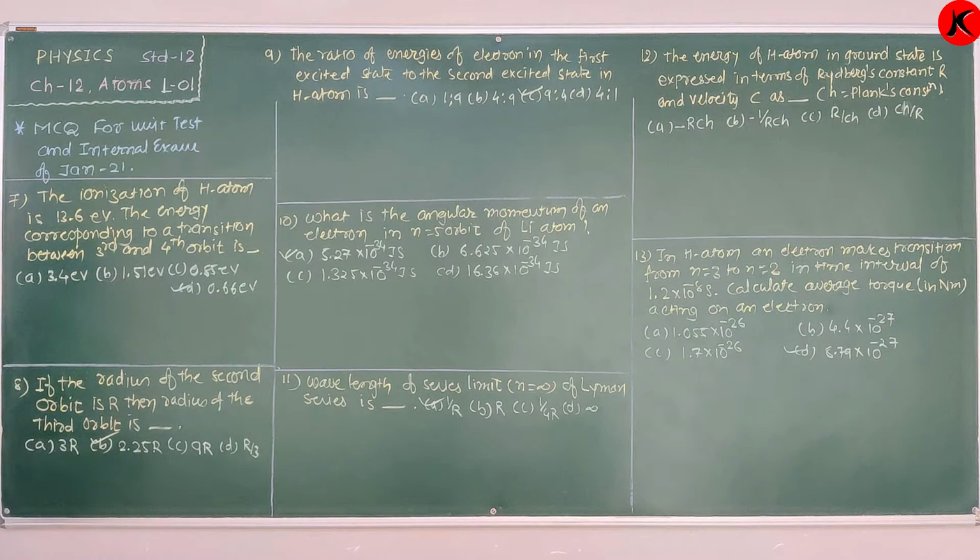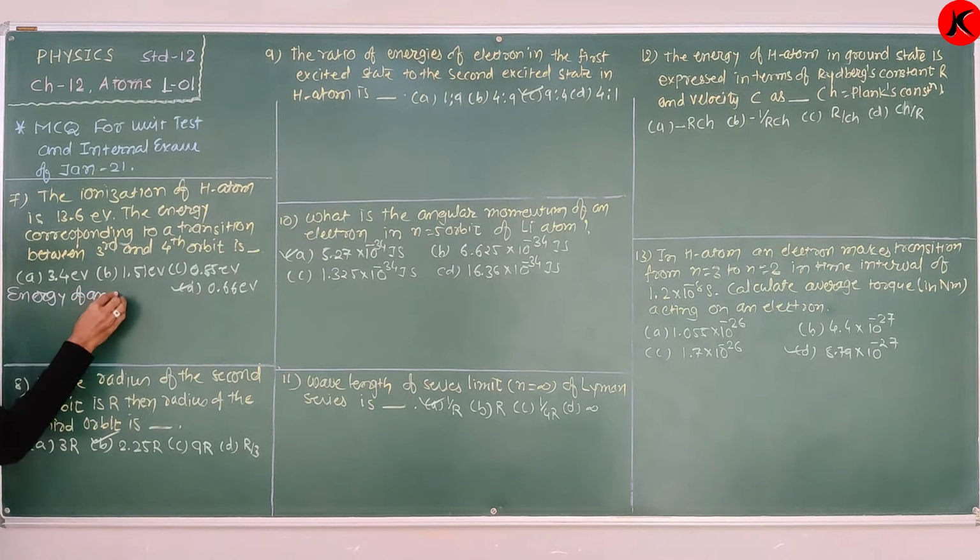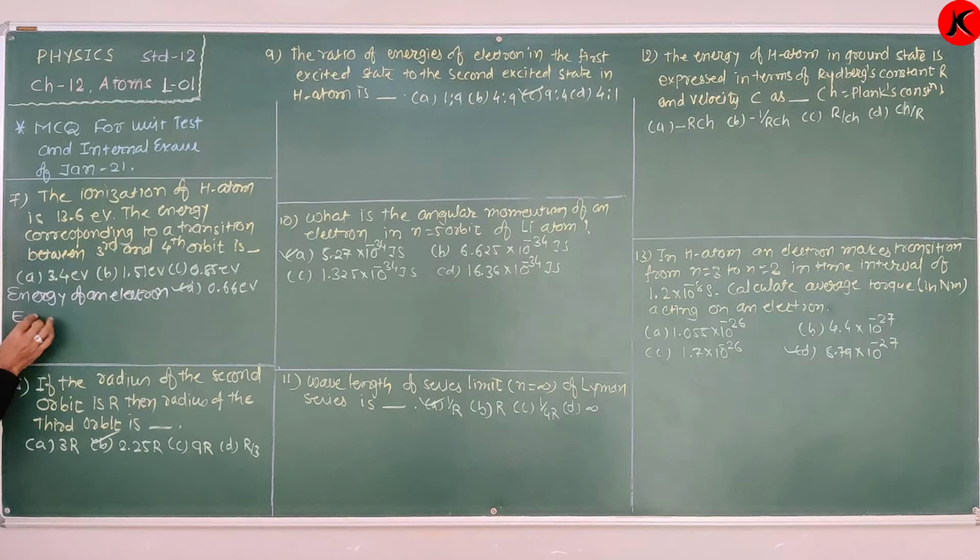We know the energy of an electron in nth orbit is equal to minus 13.6 upon n square. The energy of an electron in nth orbit En is equal to minus 13.6 upon n square.